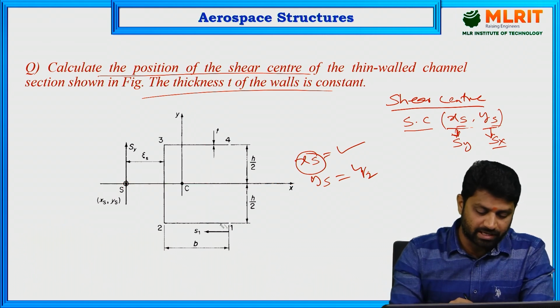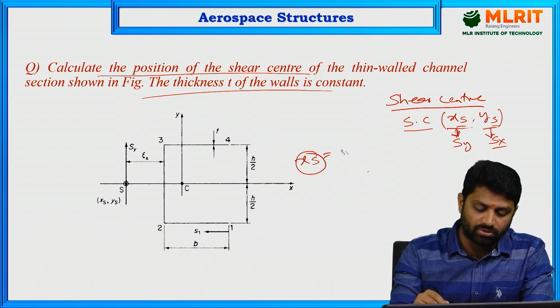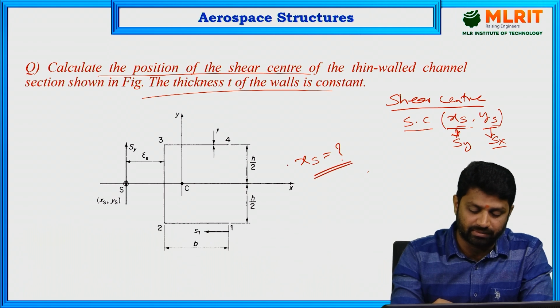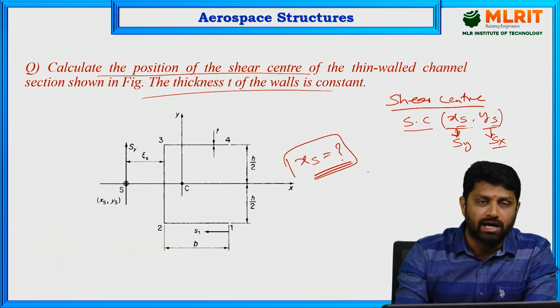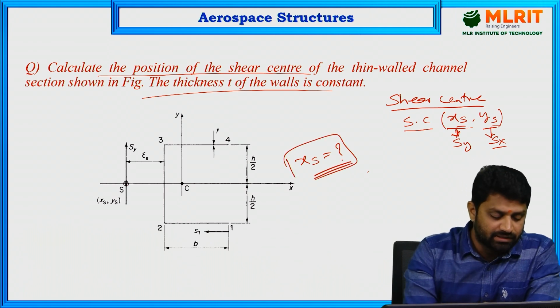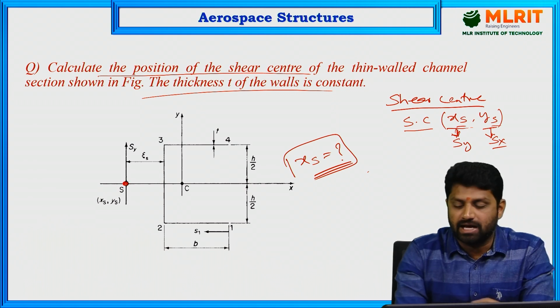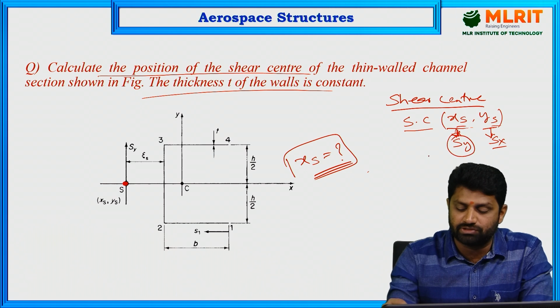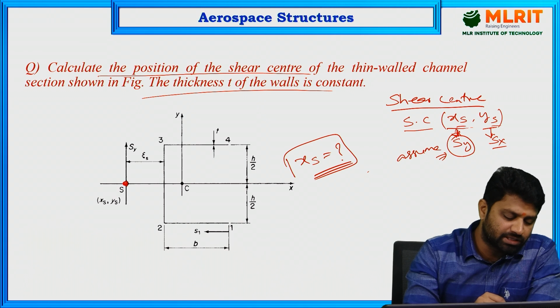For this problem, since we need to calculate the shear center, we need to calculate only the horizontal position of shear center, because of the axis of symmetry. For that, let us assume that the shear center lies on the axis of symmetry somewhere here. As we discussed, to find the horizontal position of shear center, we should assume a vertical load Sy through the shear center position.